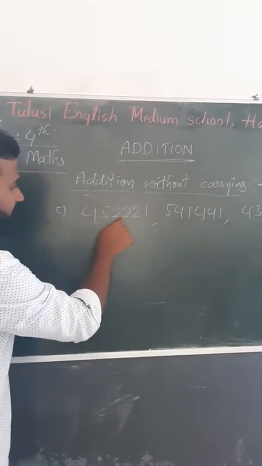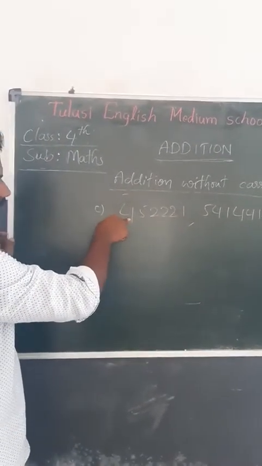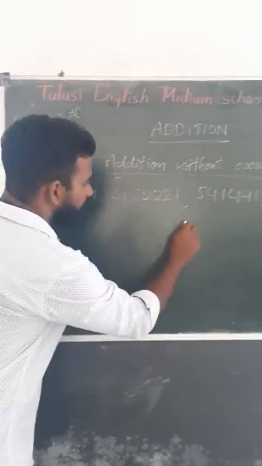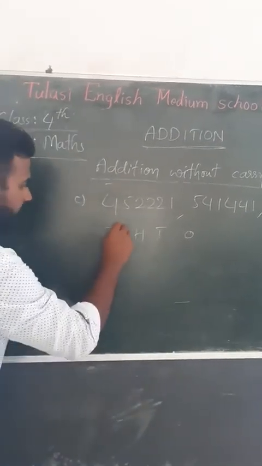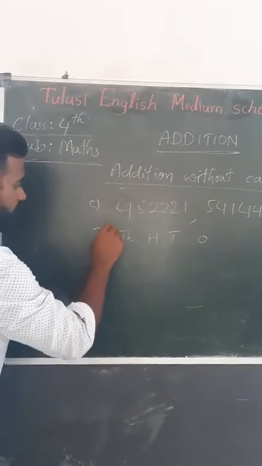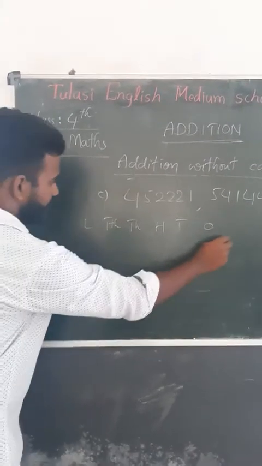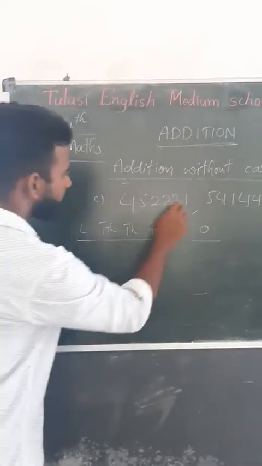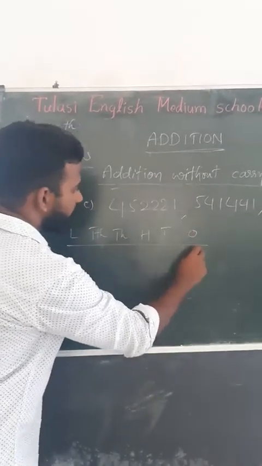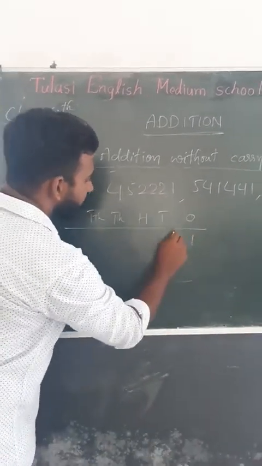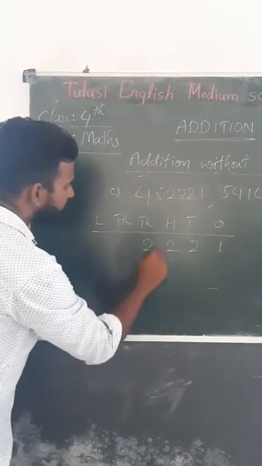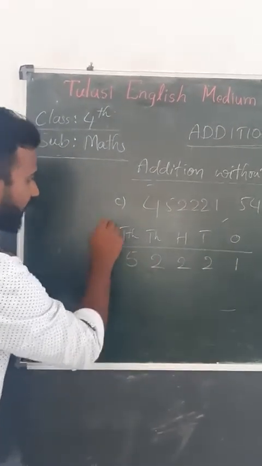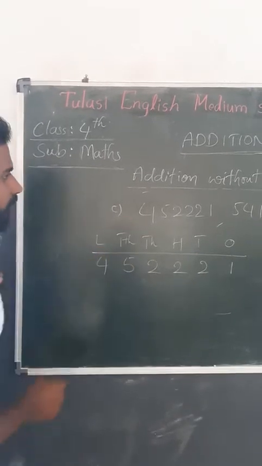Ones, tens, hundreds, thousands, 10,000, lakh. Here, ones place 1, tens place 2, hundreds 2, thousands 2, 10,000s 5, lakhs place 4.